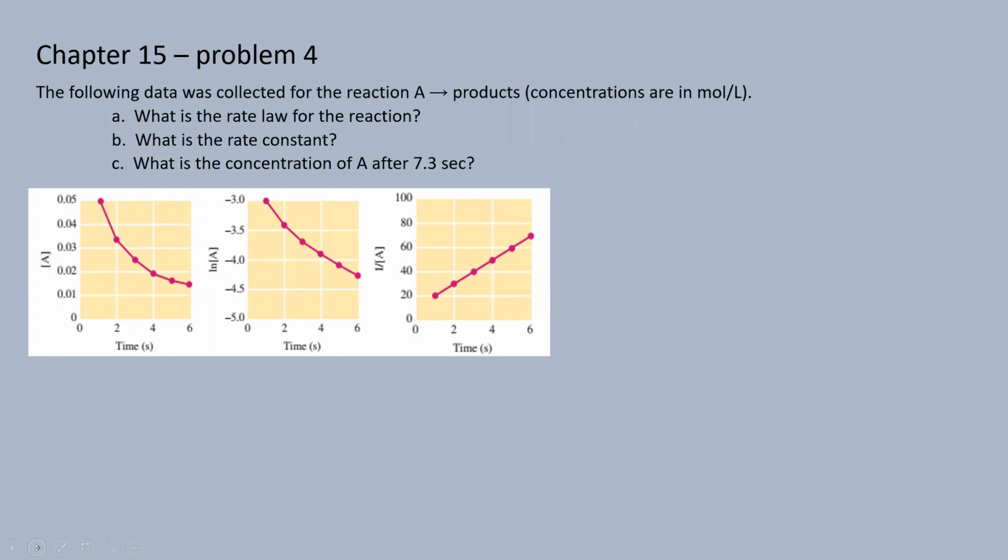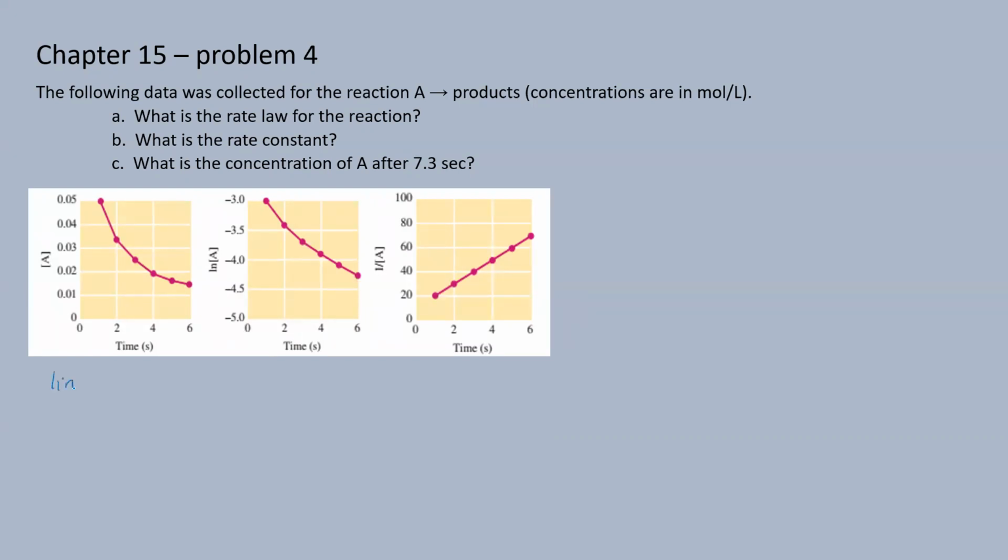So in all three graphs, they're plotting time, but on the y-axis we've got concentration of A, ln concentration of A, and 1 over concentration of A. Now, the only thing we care about is the linear plots.